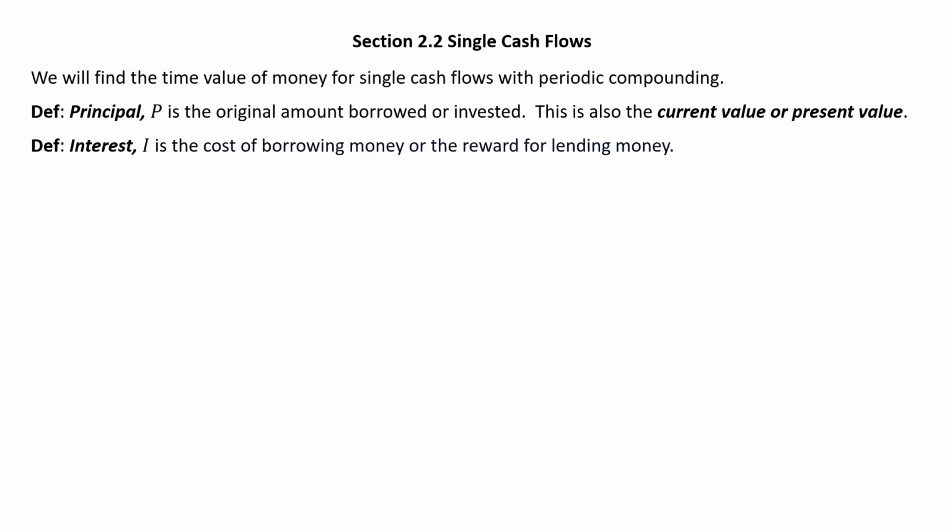I did not change. The lowercase i is actually the interest rate, but uppercase I is the total interest. The lowercase i is a sort of a percentage or a decimal, whereas this is the whole amount.